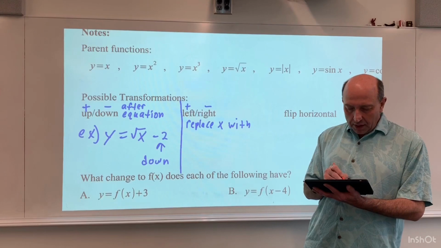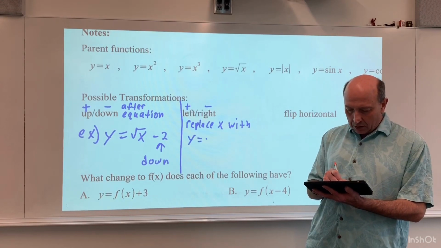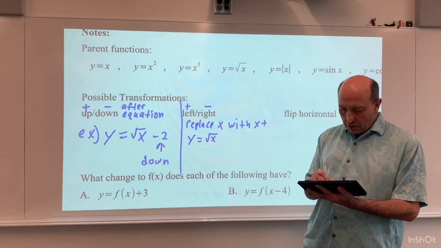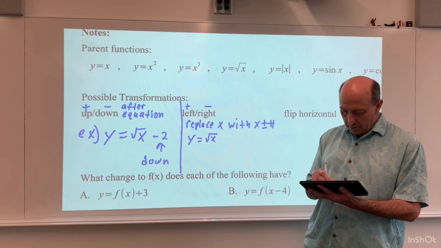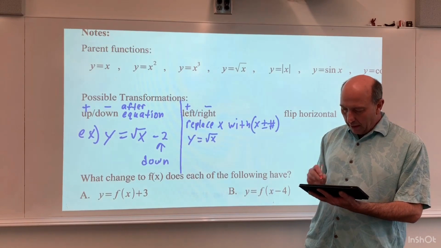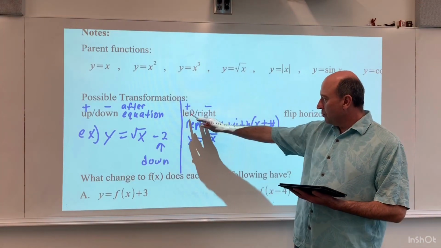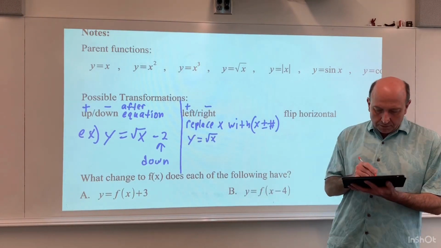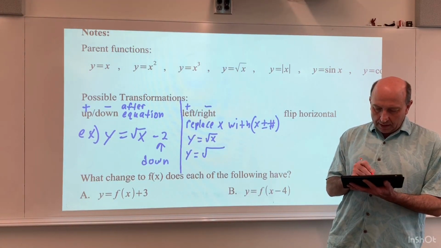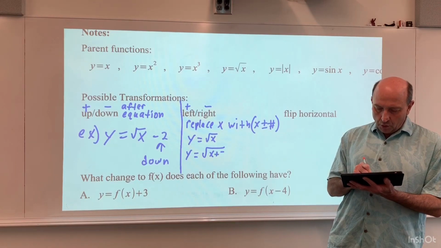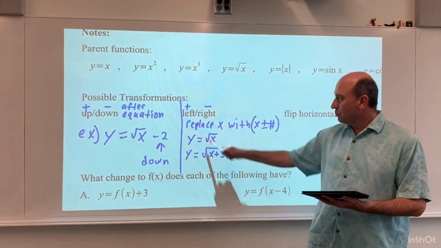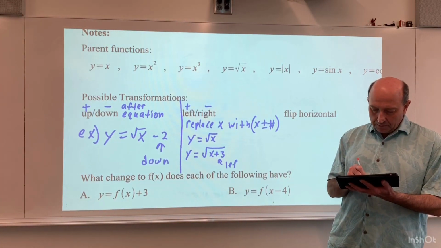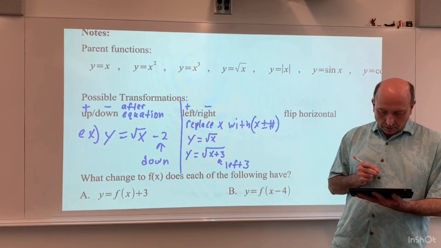So if you start with an equation like the square root of x, you replace x with x plus or minus some number. Plus is going to move it to the left, minus is going to move it to the right. So take out the x and replace it with something like x plus 3. So plus moves it to the left. So plus 3 moves the graph to the left 3.